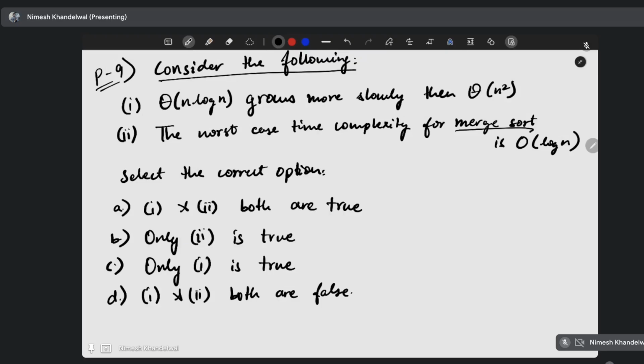So, well, you see, theta of n log n. So how does log n grow, right?